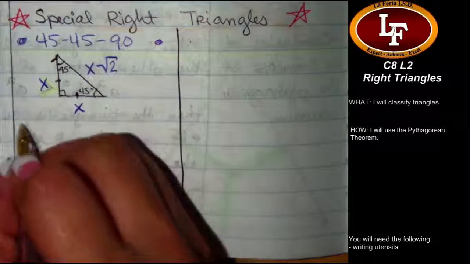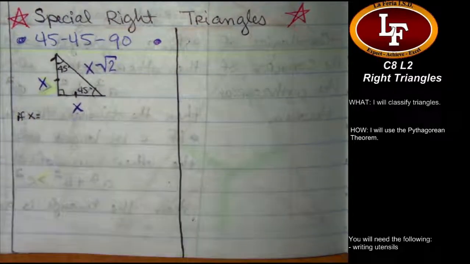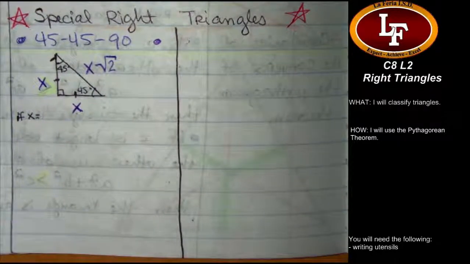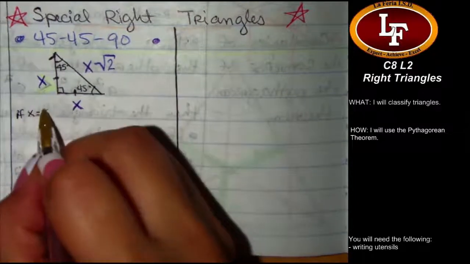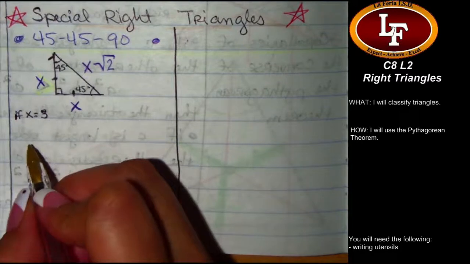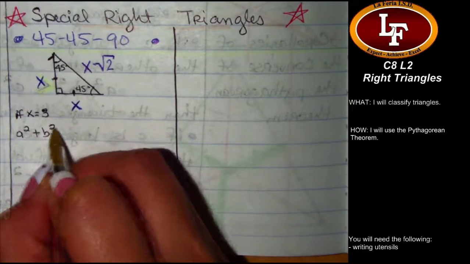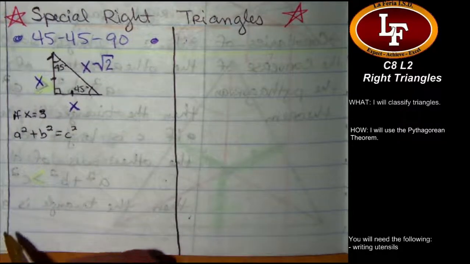All right? So, if x is, please give me a small number, not 1. 7, 2. So let's take 3. Not that I don't like 7, but the numbers get really big really fast with 7, and I don't want to go there. So let's do 3. If x is 3, we're going to do the formula for the Pythagorean Theorem, a squared plus b squared equals c squared.